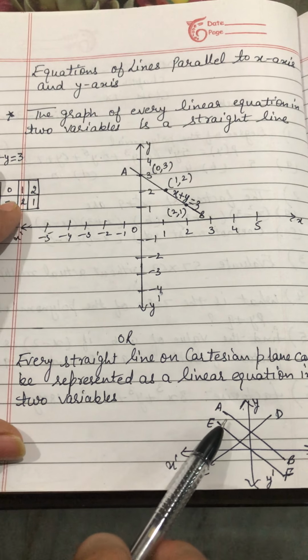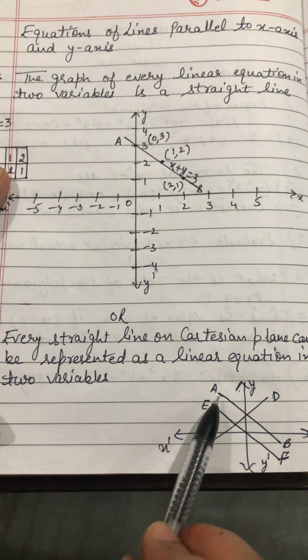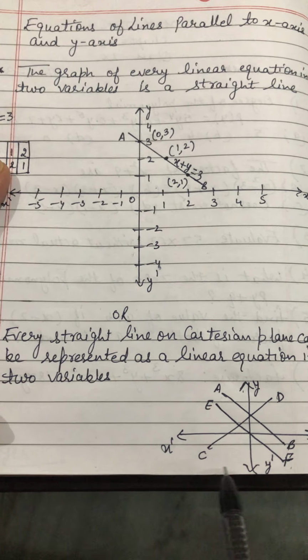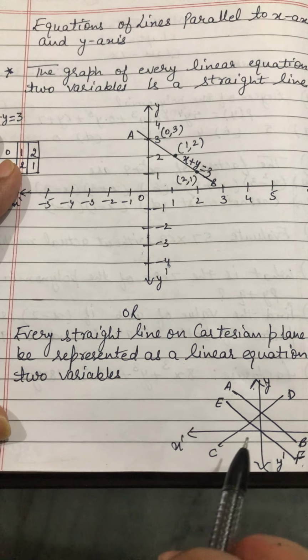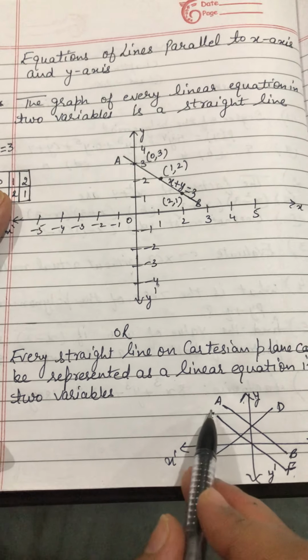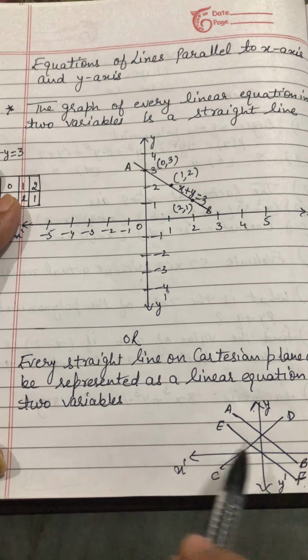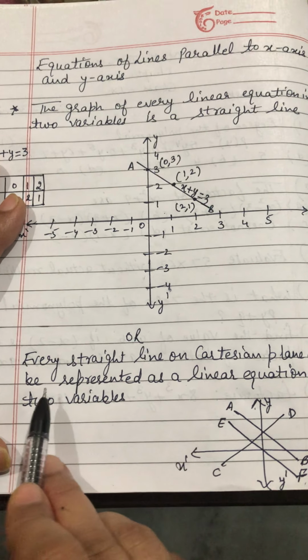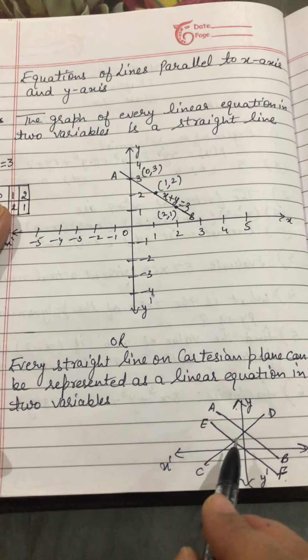In this Cartesian plane, AB is a line, EF is a line, CD is a line. So every line on this plane has some linear equation in two variables.